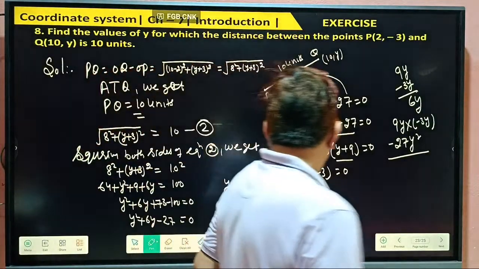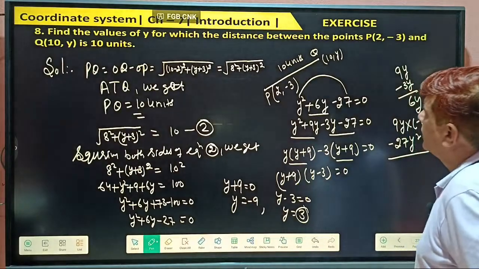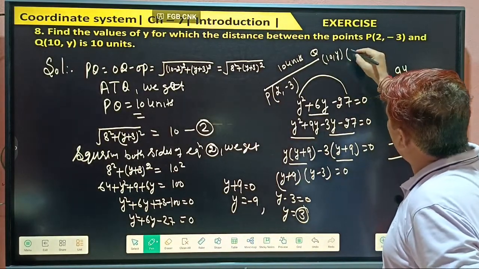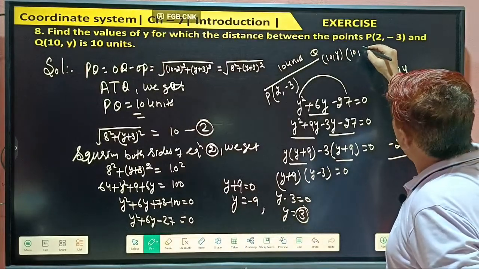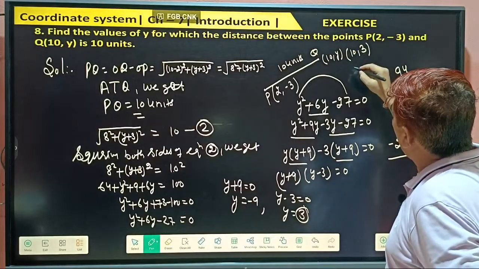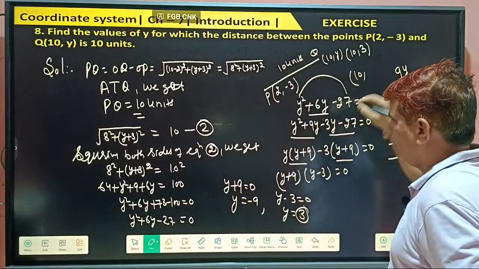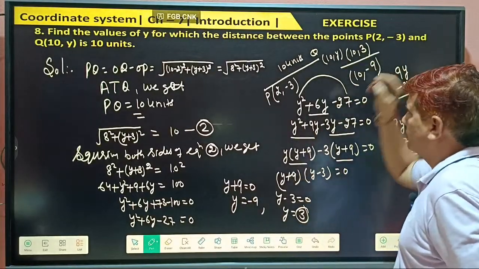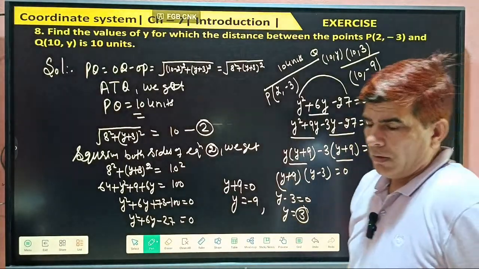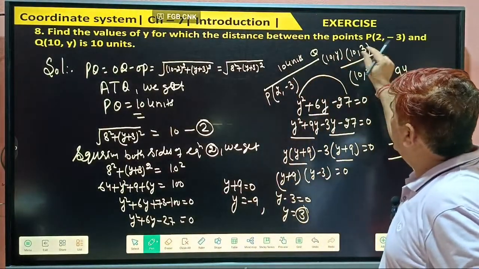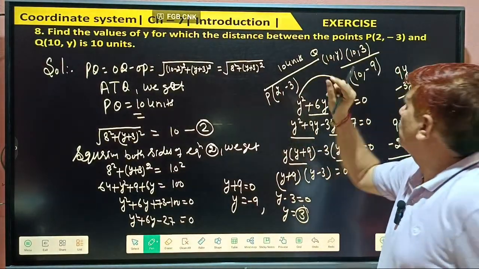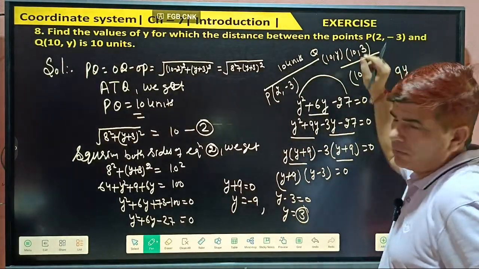So two values of y are possible. Understood? Either the point's coordinates are (10, 3), otherwise (10, minus 9). What is its meaning? If these are the coordinates of point Q, then the point lies in the first quadrant, where x and y are both positive.